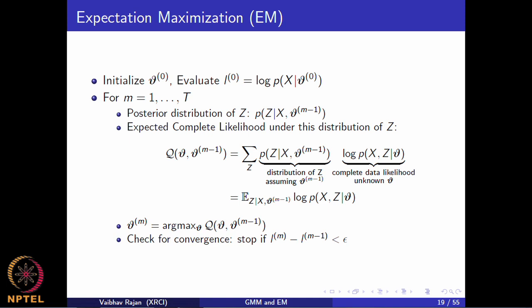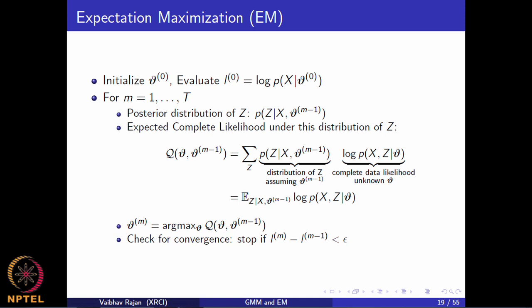First, compute the posterior distribution of z given the current estimate of the parameters. After that, you compute the expected complete log likelihood under this distribution. We will call this a Q function.